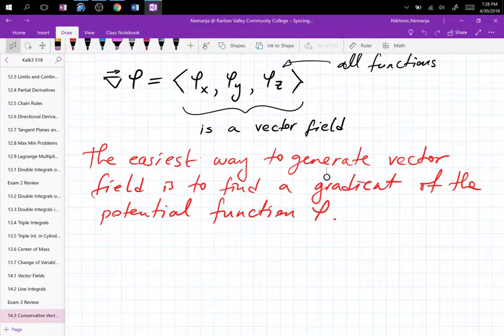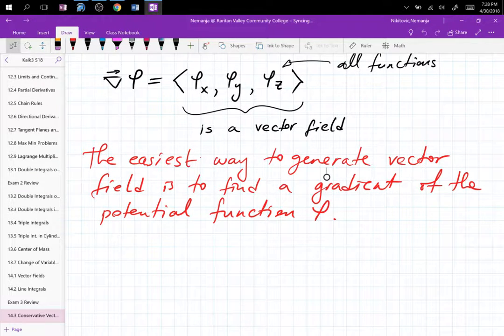And yes, you can do that, but only in a case when you have something that is called a conservative vector field. So we will first have to figure out the test for conservative vector fields.